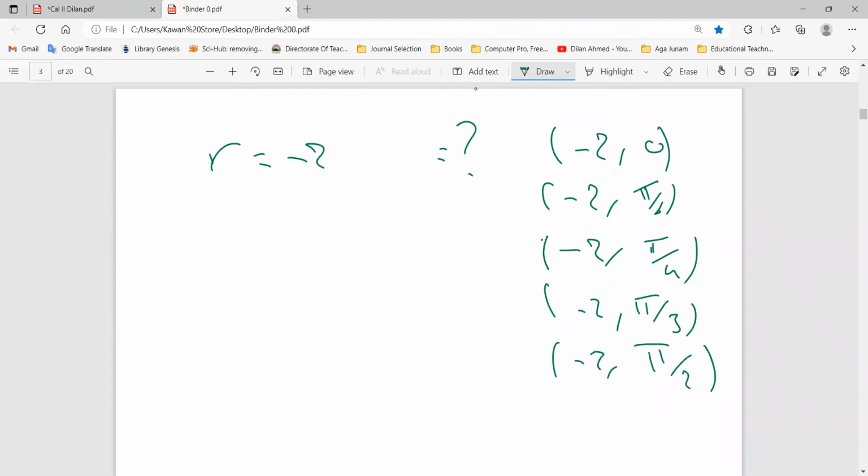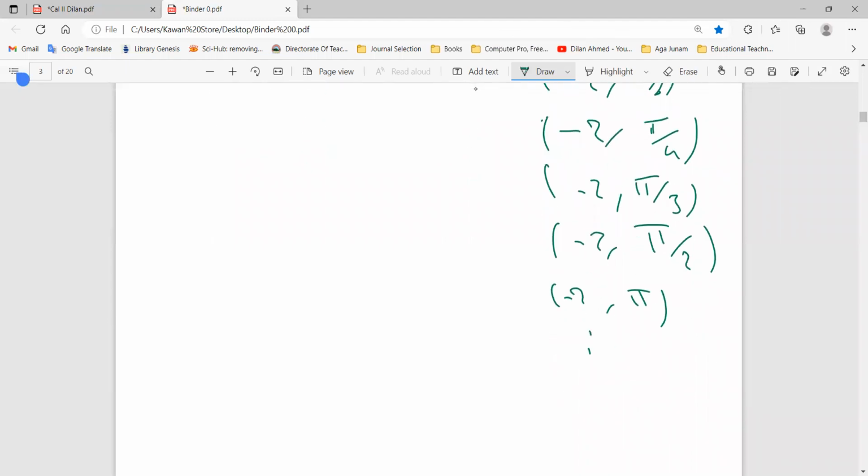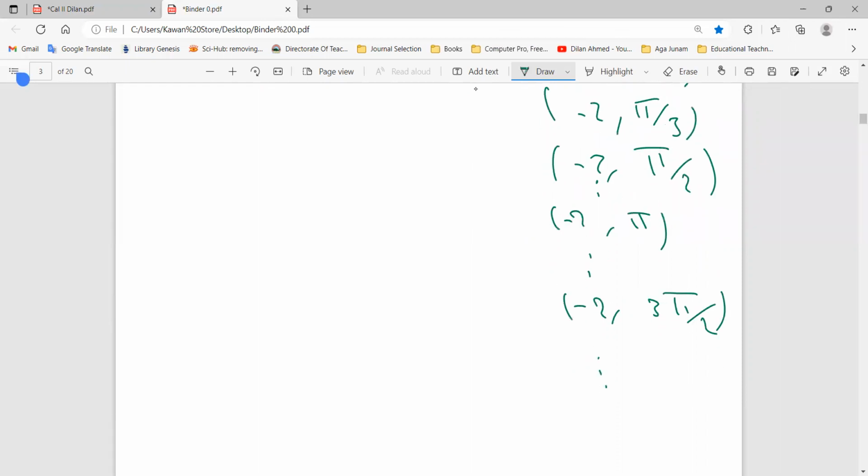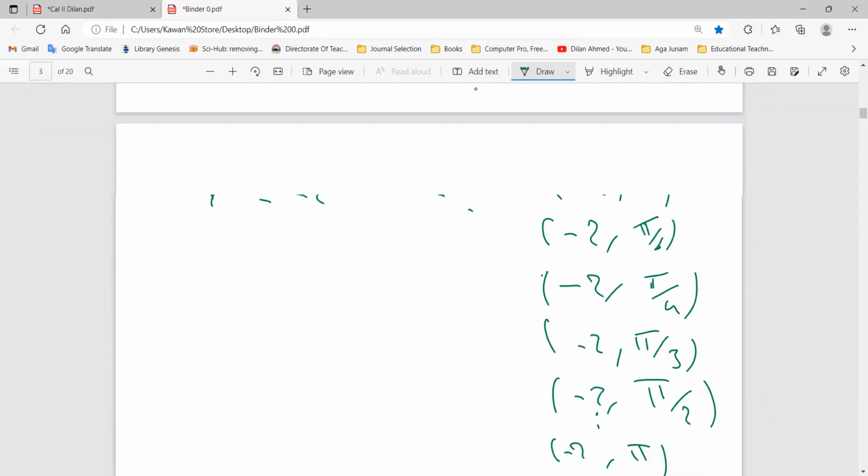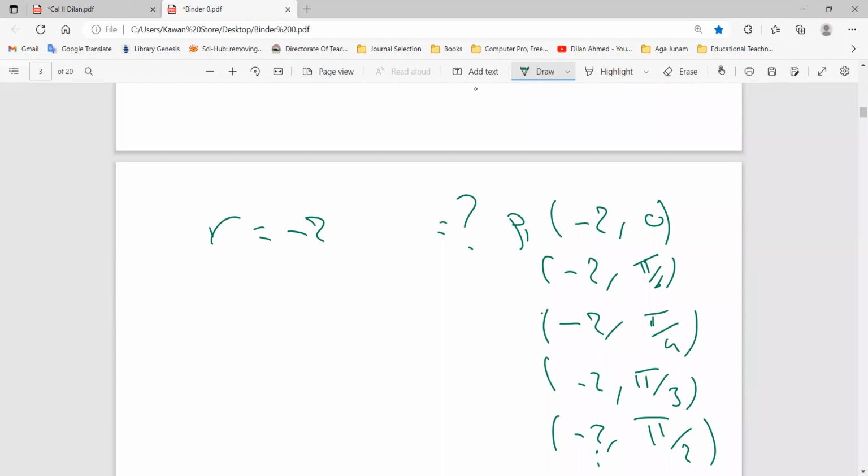Pi over 2, pi, 3 pi over 2, yalla, 2 pi, and go on. So tell me about P1, what is it? Yalla. 0 and -2. Here's the origin, here's the X-ray. So tell me about 0 and -2. Where's the 0 and -2?